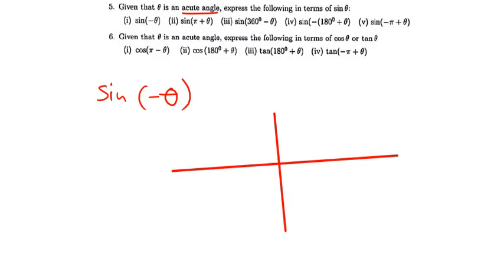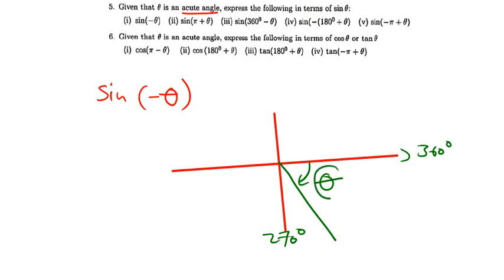So if I give you negative theta and it's an acute angle, first of all, if it's negative, you have to understand that you're going below instead of going up. So that will be the angle that you make here. Now the fact that the angle is acute means it doesn't go beyond 270 because it's less than 90, and it is within the fourth quadrant.